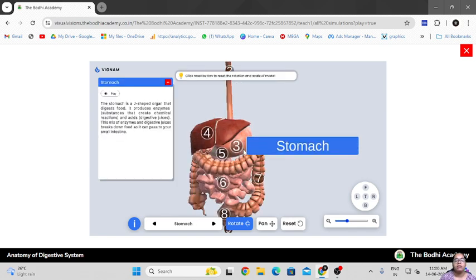Inside our stomach, some digestive juices are secreted, such as HCl, mucus and pepsin. These are the digestive juices which will help in breaking down the food which was partially digested in our mouth. That food is then digested in our stomach through HCl, mucus and pepsin.